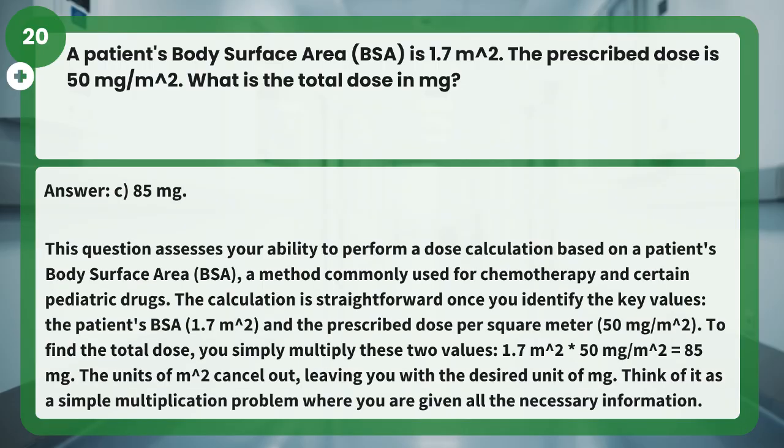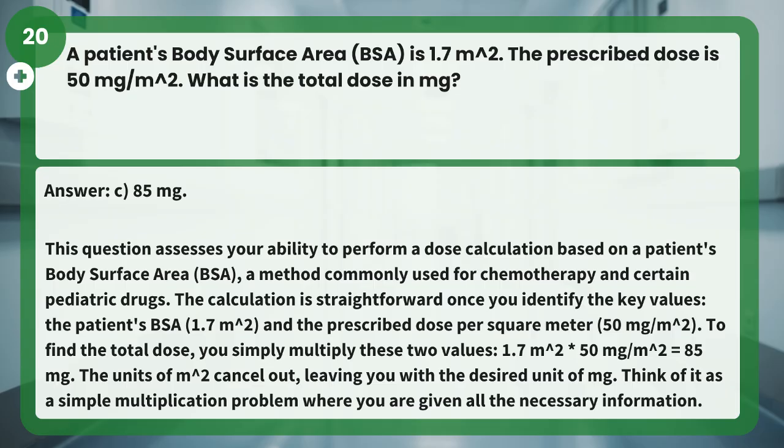Answer: C. 85 mg. This question assesses your ability to perform a dose calculation based on a patient's body surface area, BSA, a method commonly used for chemotherapy and certain pediatric drugs. The calculation is straightforward once you identify the key values, the patient's BSA, 1.7 m², and the prescribed dose per square meter, 50 mg/m².